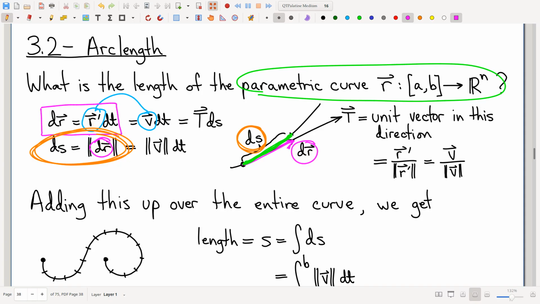So magnitude of dr, I think that's a reasonable take, that the length is the magnitude of dr. Okay, if you're willing to buy that. How are we doing? Is everybody with me? Feel free to shoot a hand up if you have a question.